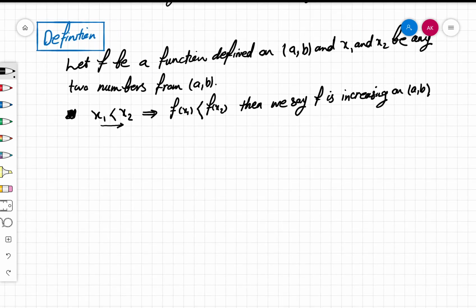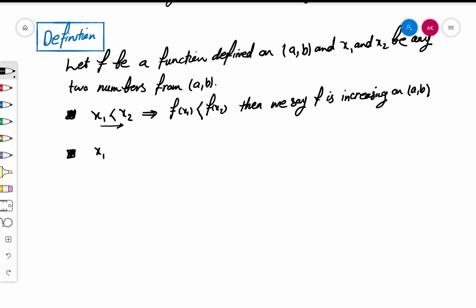And on the other hand, if x1 is less than x2 implies that the value of the function at x1 is bigger than the value of the function at x2. In other words, when we move to the right, the graph of the function goes down.